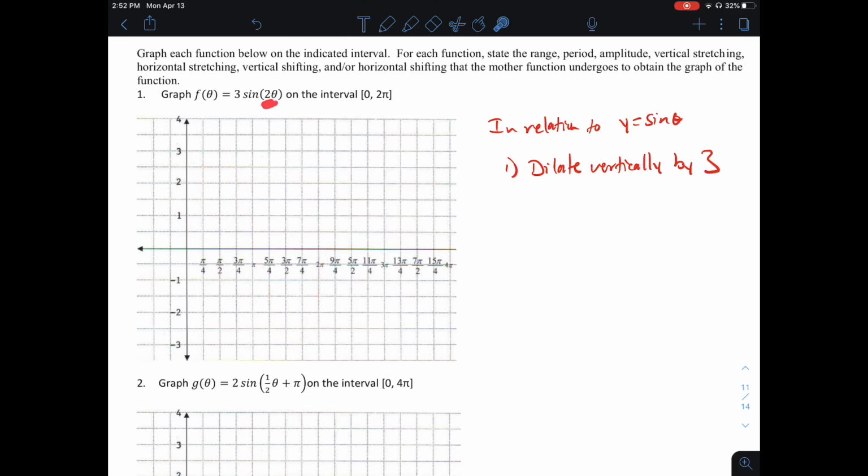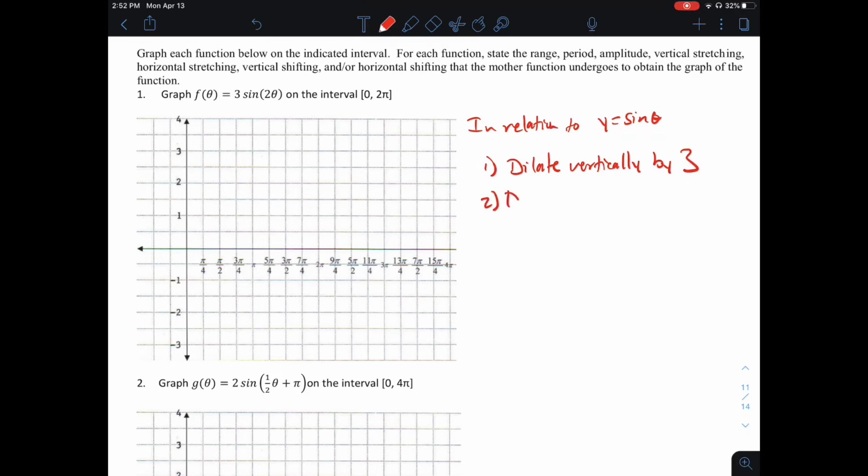How does this 2 affect the graph? Well, that's going to dilate it horizontally by a half. So that means that the period, let's forget about the dilation vertically for a second.